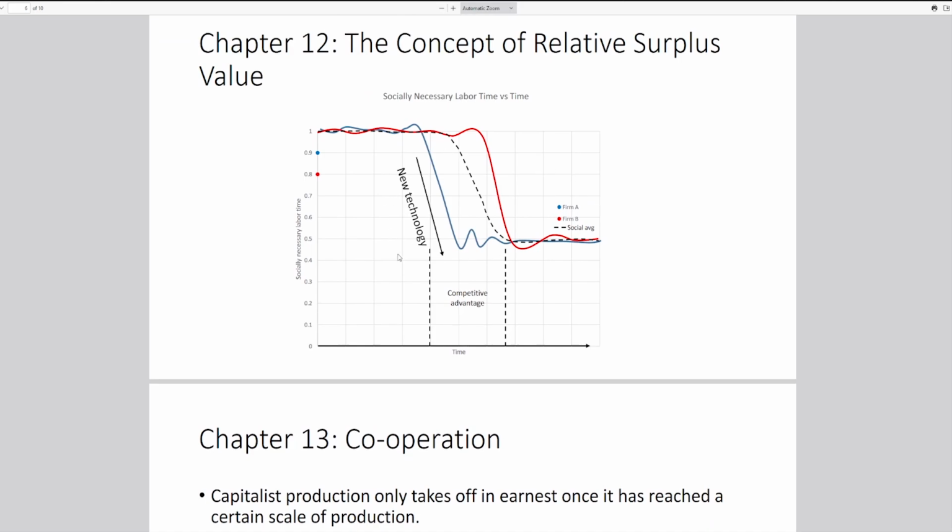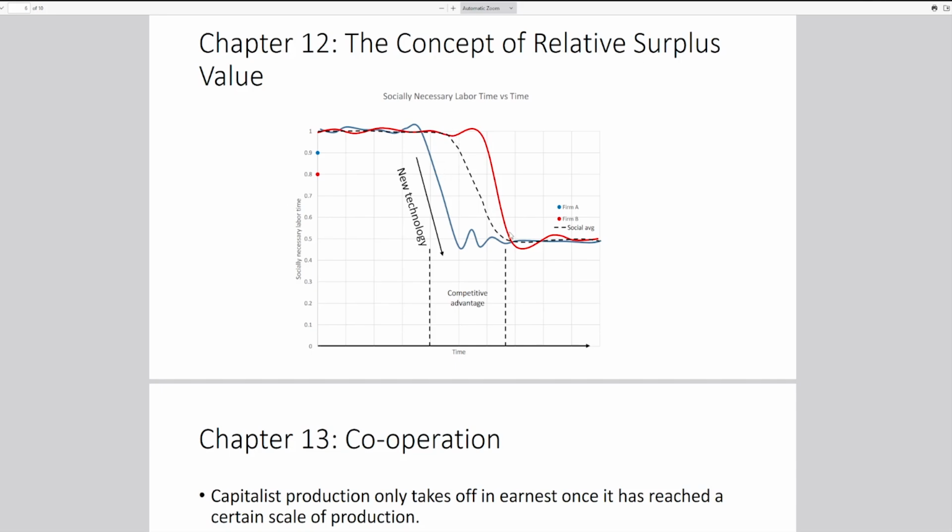But honestly, this is something that even modern day capitalists would totally agree with, right? I think this is a no brainer for most capitalists. The part that they might not understand immediately would be this kind of social average, in other words, the value of the actual thing.